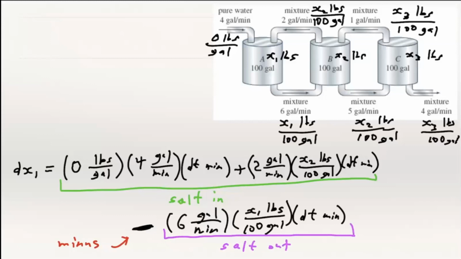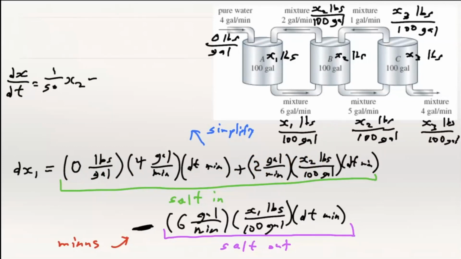So that's our equation for dx1, and now we can divide both sides by dt, and we wind up with our first equation. So if we simplify that, we divide both sides by dt. Okay, this whole guy is 0. This guy is a total of 2 over 100. That's 1 over 50 times x2, 1 over 50 x2.